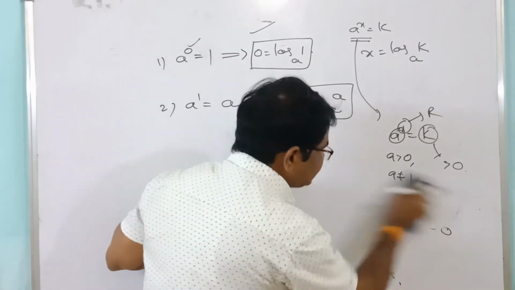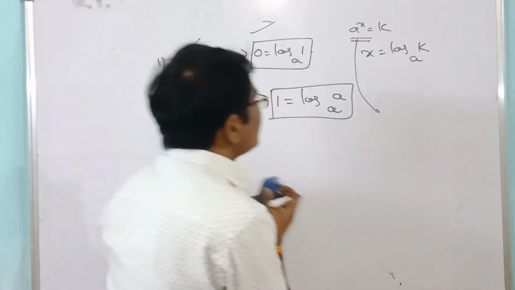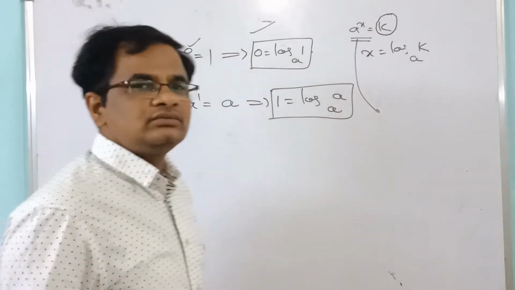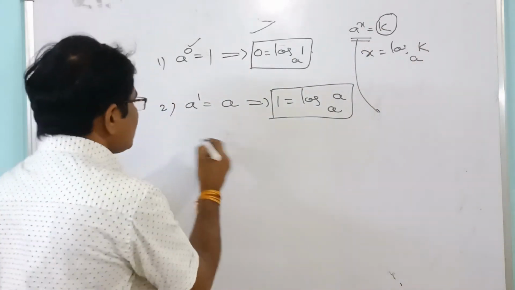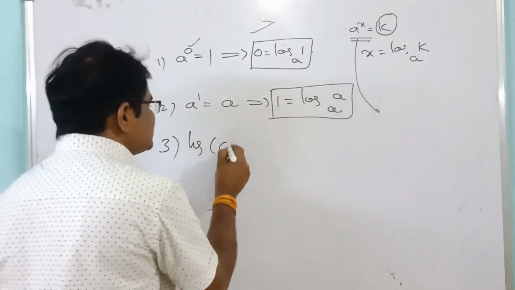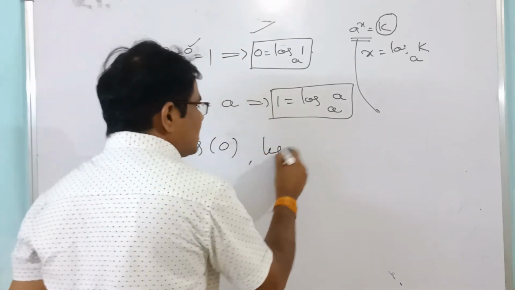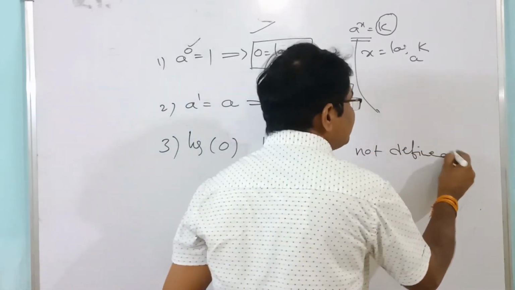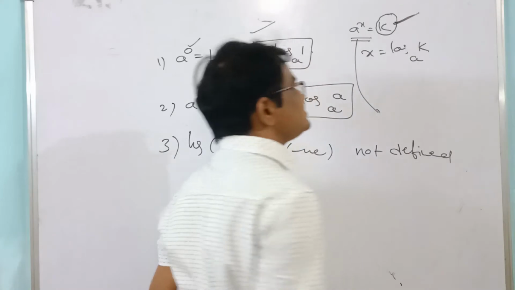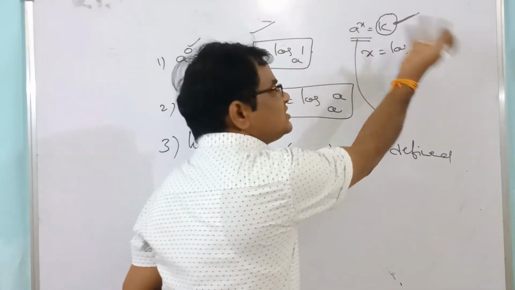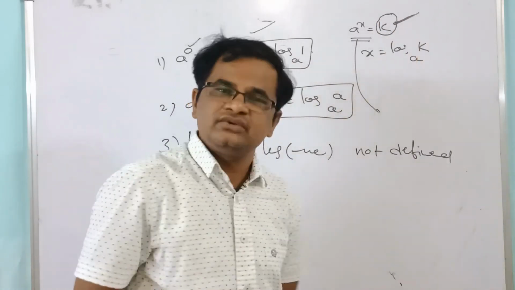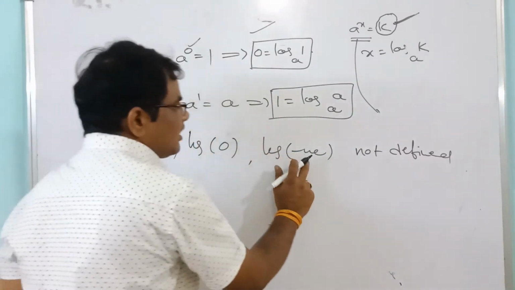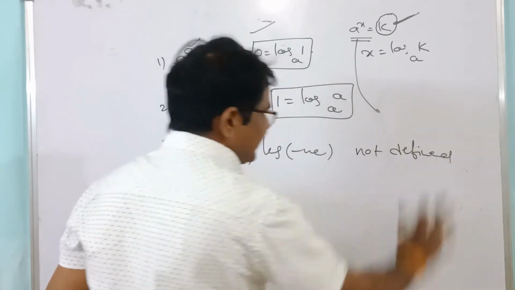Right. So that's why there is no chance to get negative or 0, means log of 0, log of negative values, what? Not defined. Because here we won't get 0 or negative, means x equal to log 0, chance not there. X equal to log of negative, chance not there. Right? So that's why log of 0 and log of negative value are not defined.